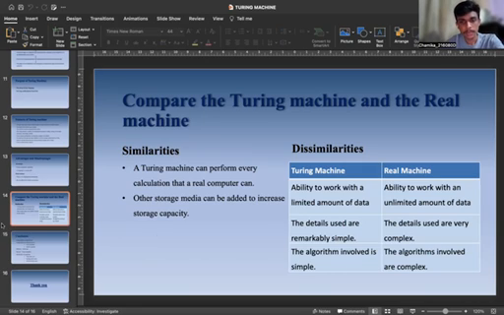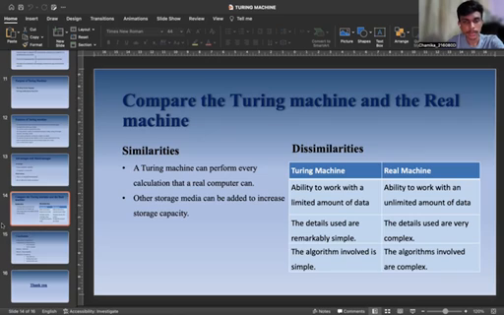A Turing machine, for instance, can imitate any kind of substitute found in programming languages, including recursion and any of the recognized parameter passing techniques. The next similarity is that, like a Turing machine, a real machine can add additional disks or other storage media as needed to increase its storage capacity.